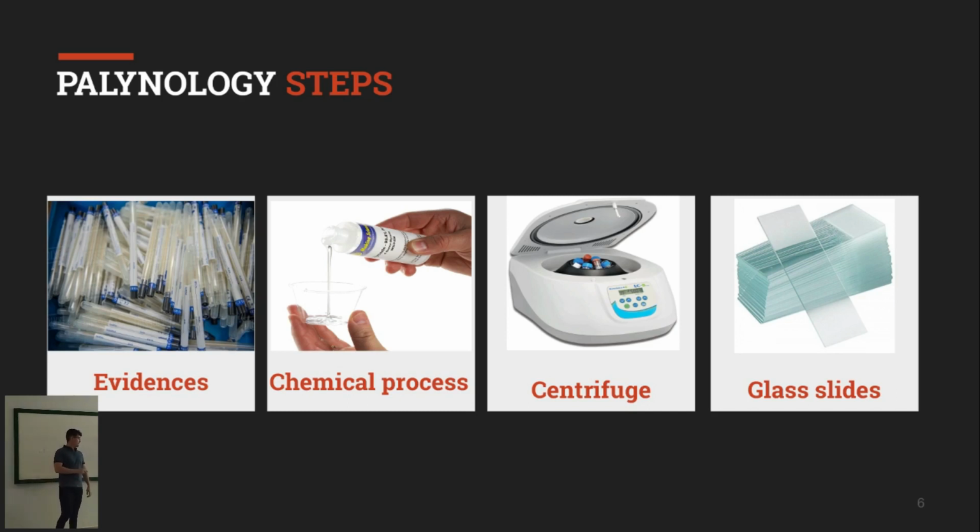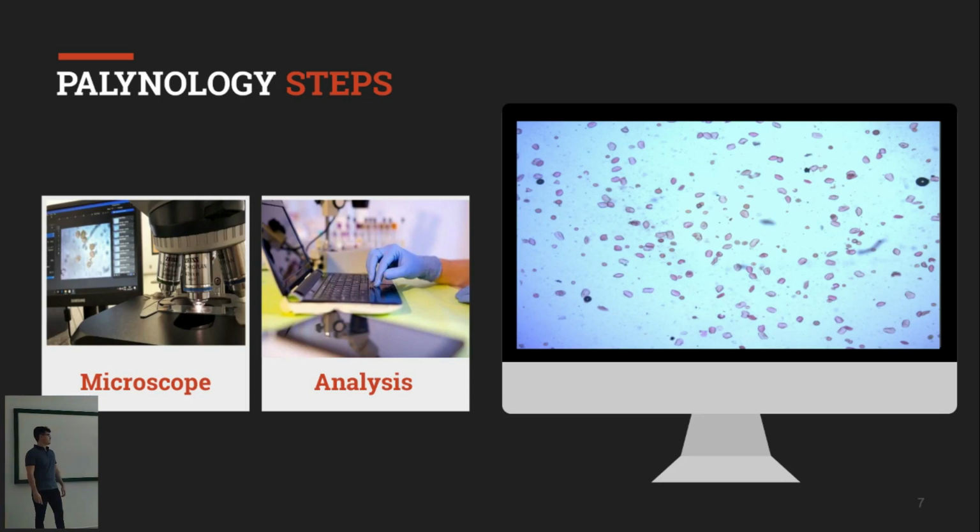And after that, at the end, the palynologist could put this sample on glass slides to see in a microscope. So, I explained the forensic steps and the palynology steps to solve a crime.